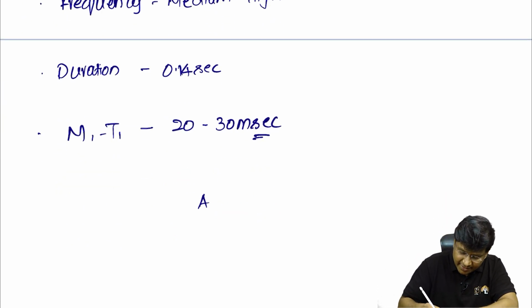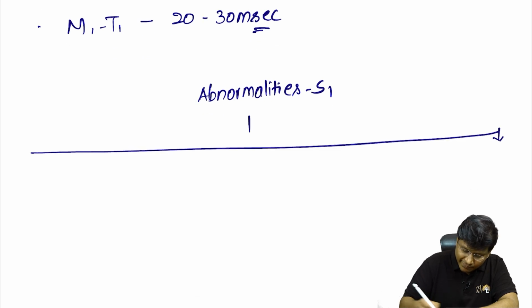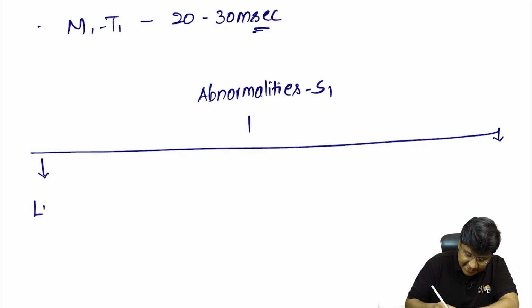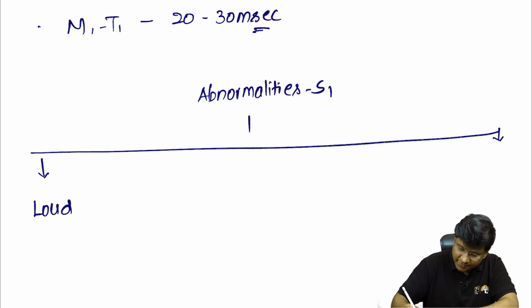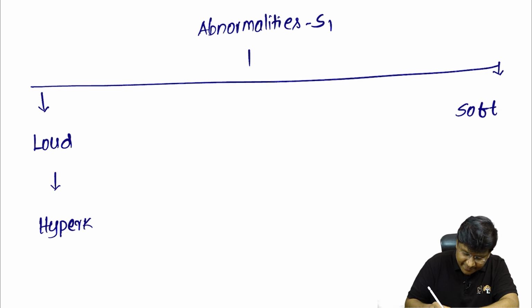For the abnormalities of the first heart sound, you need to be aware of the conditions where you will have a loud first heart sound, and the conditions where you will have a soft S1. You get a loud S1 in patients with hyperkinetic states. So what are these hyperkinetic states?